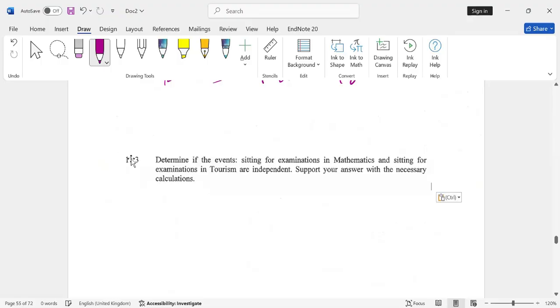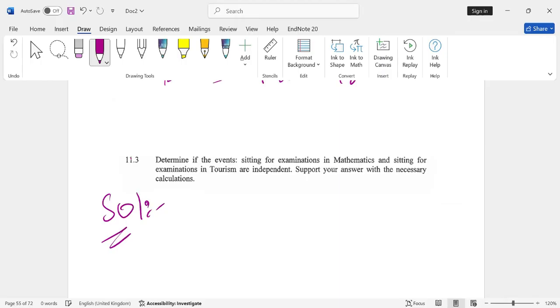11.3. Determine if the event sitting for examination in mathematics and sitting for the examination in tourism are independent. Support your answer with the necessary calculation. So let's solve this question.